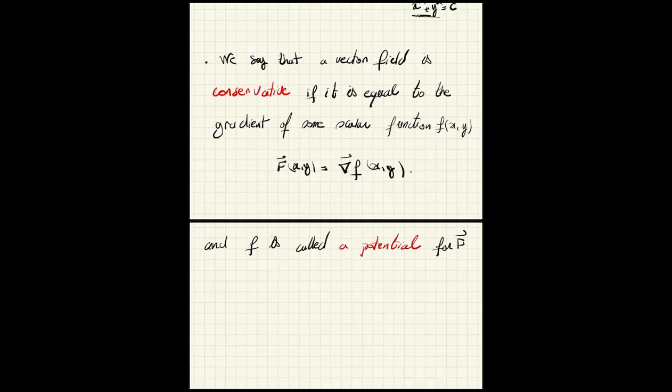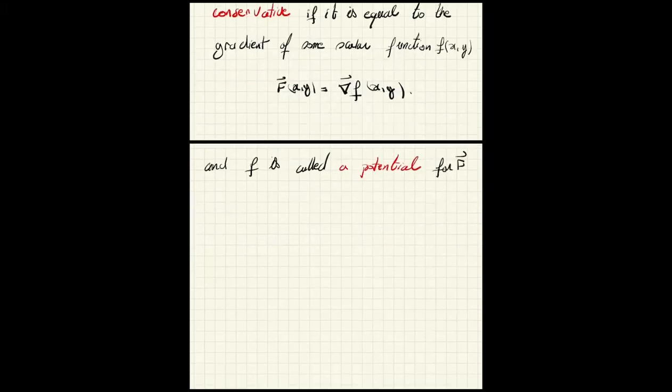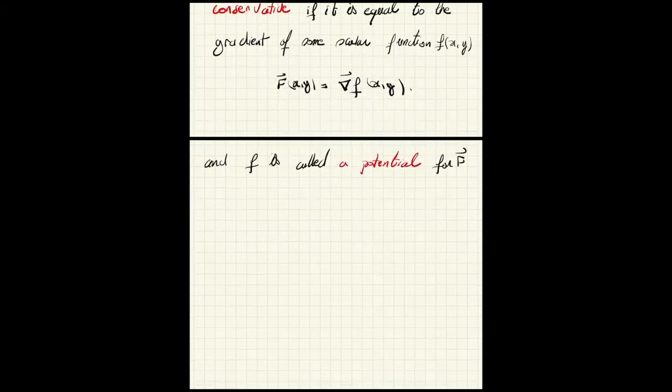But the friction and the wind are not conservative forces. This is one of the greatest things about the gravitational field: because it's conservative, it's responsible for a lot of phenomena that we see.